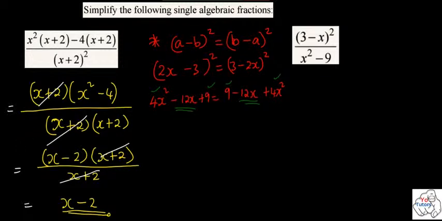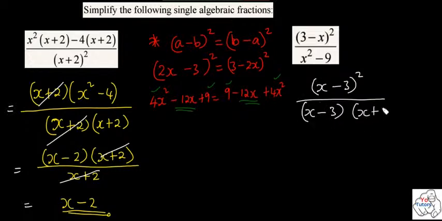Why am I telling you this? Because you are about to solve something similar to that. Now here we've got 3 minus x. Okay, let me just put it the way I was doing that. So 3 minus x is the same as (x minus 3) squared over x, difference of two squares here, (x minus 3)(x plus 3).